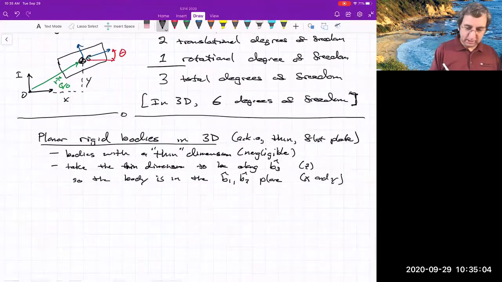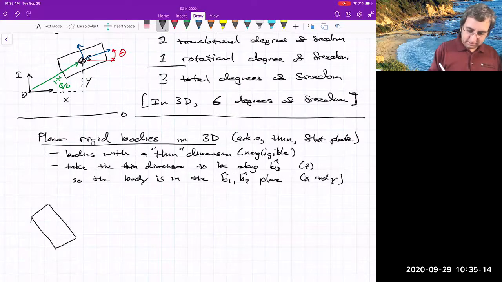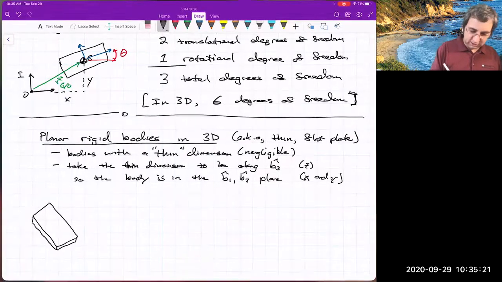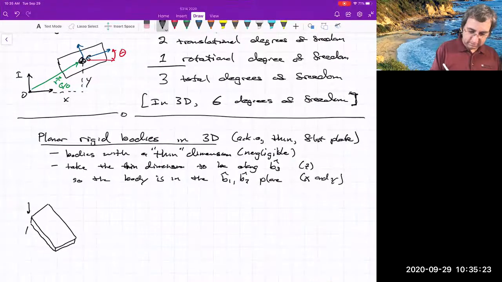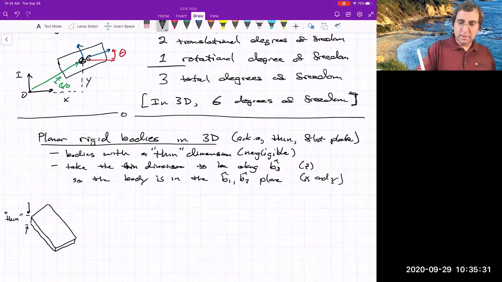So here is, not a very good sketch, but here is a sketch of a flat rectangular plate. This dimension here is the thin dimension.